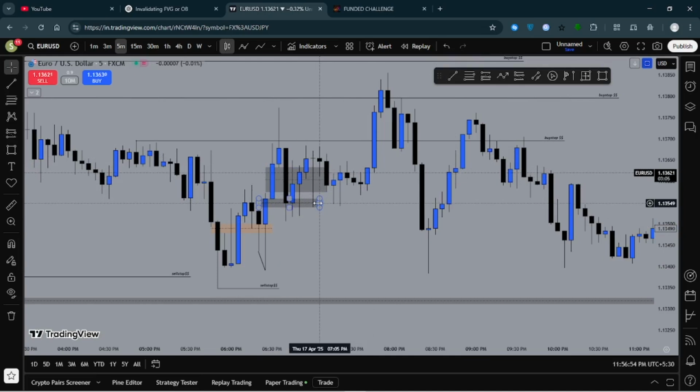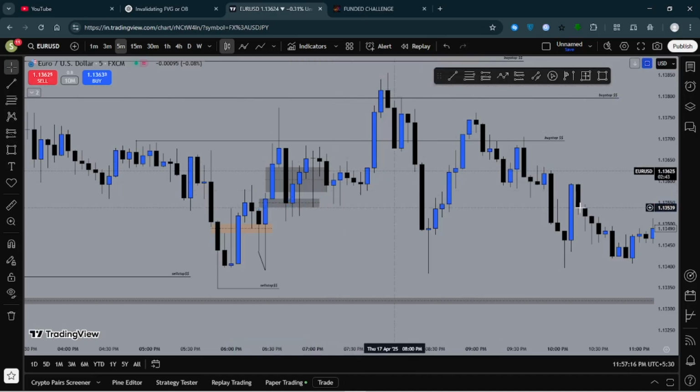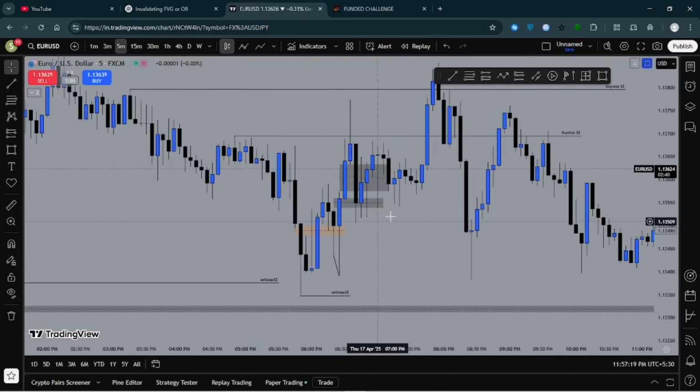Always remember this. There should be some sort of gap, like a volume gap, fair value gap, breakaway gap, anything. But there has to be some sort of gap that reflects the pressure of buying power or selling power. That's why you should always have some form of fair value gap in displacement.